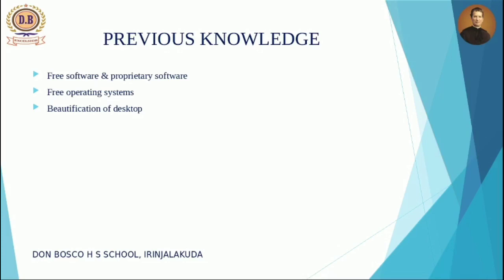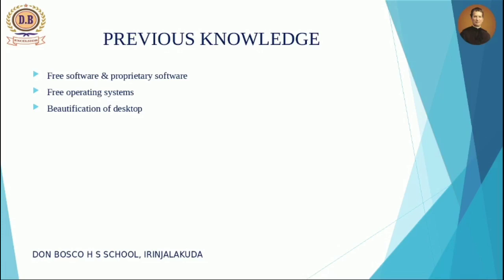Then we have learned about free operating systems. Even though the computers were developed earlier, the operating systems were designed later. When the personal computers became very popular, the computer world started thinking about operating systems which can be handled easily by the user. Then the first operating system was Mac OS by the Apple company in 1980.